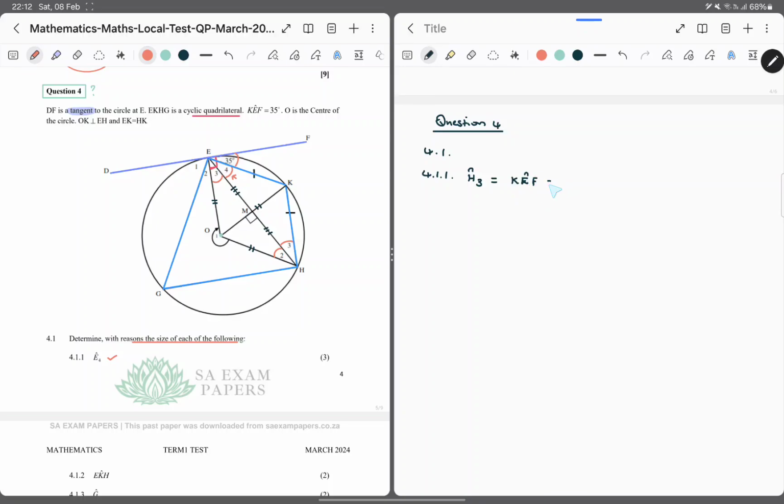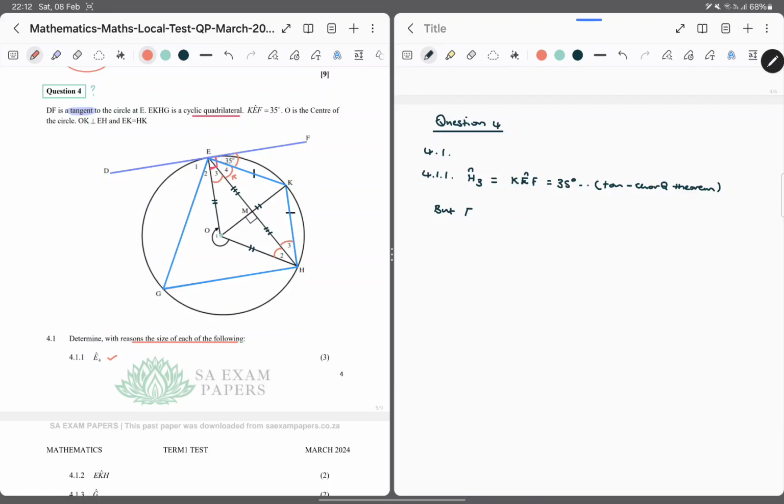Right, this is going to be equal to 35 degrees. So what is this? This is the tan chord theorem. Okay, but what do we know?